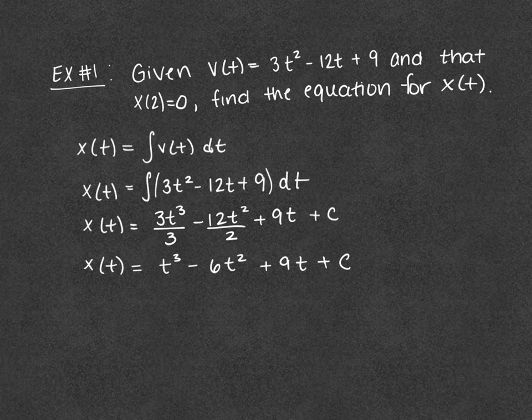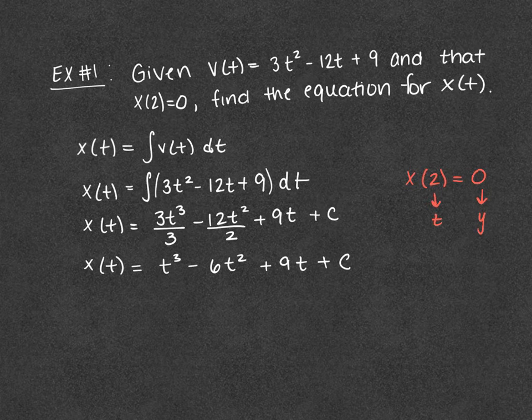They have to give you information so that you can find c, and they do. It's called the initial condition, and we discussed that a couple weeks ago. They tell you that x of 2 is equal to 0. This means when the t value is 2, my x of t, which is my y value, is 0.